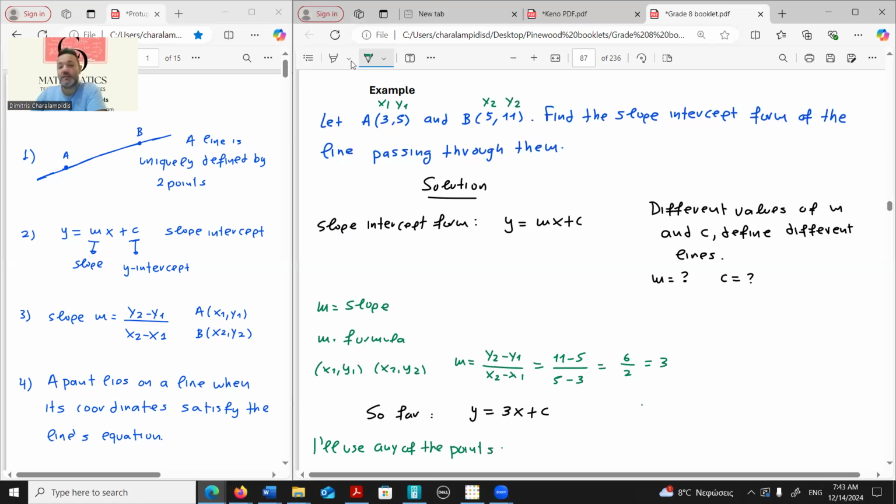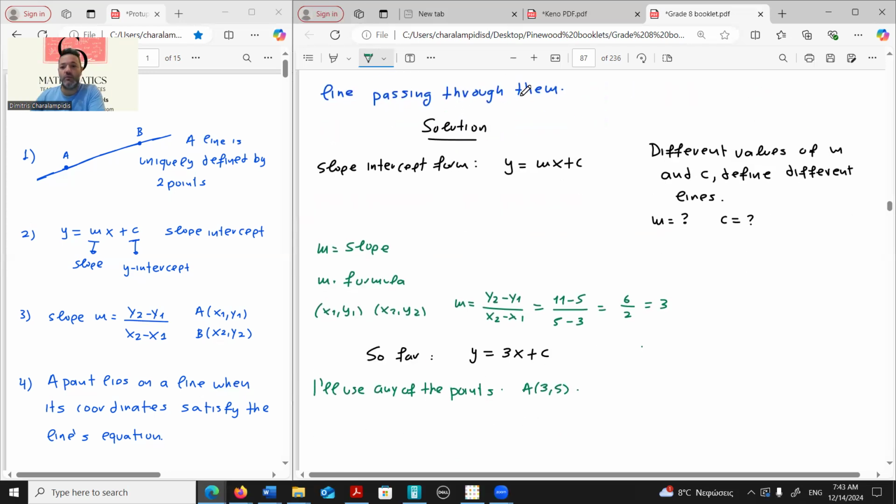Since I know that both points A and B lie on this line, I certainly know that their coordinates, if properly substituted in the line's equation, will produce a true statement. I don't need to do that for both points. I just need to pick one of them and substitute its coordinates. So I'm going to do that for A, 3, 5.